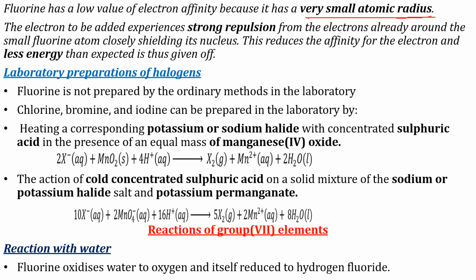So let's proceed. Now we are going to look at reactions of group 7 elements with individual compounds or substances, and we are going to begin with water. I want you to take note that fluorine varies in the way it reacts with each substance, but the other 3 elements react mostly in the same way.